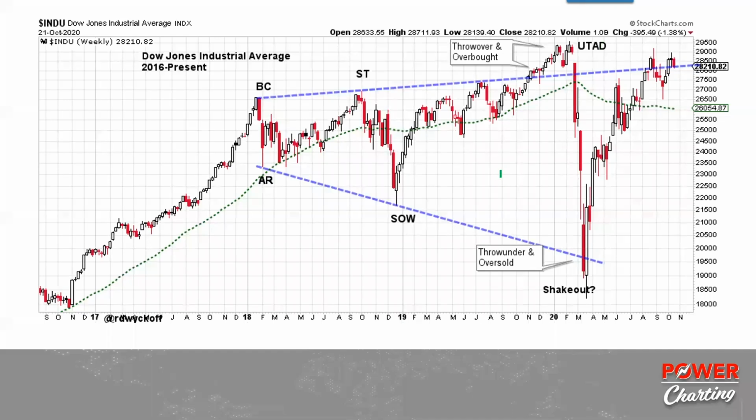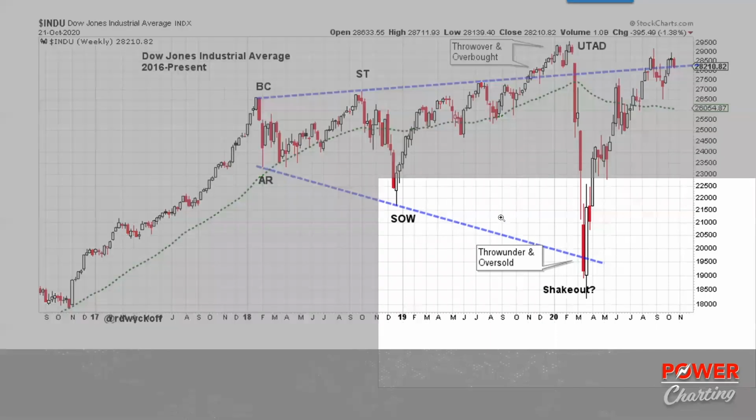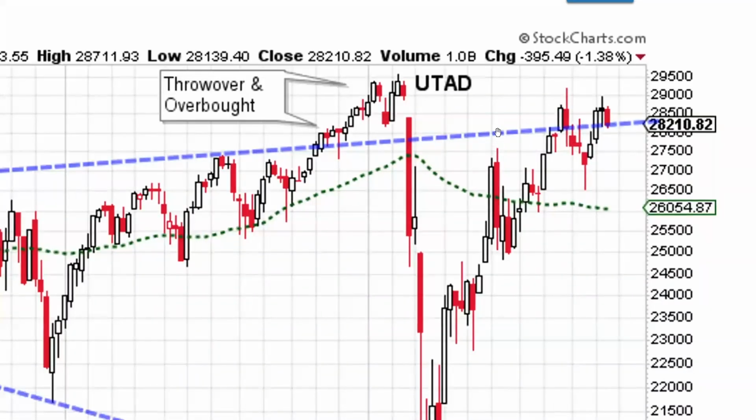A broadening formation in the Dow Jones Industrial Average is generally considered to be a large bearish structure. We've seen examples of where it's been a bullish structure back in 62 to 66. And here we can see that as the Dow Jones has rallied up into this zone right here, it has stalled out at a lower high from the upthrusting high that was made back at the beginning of the year.